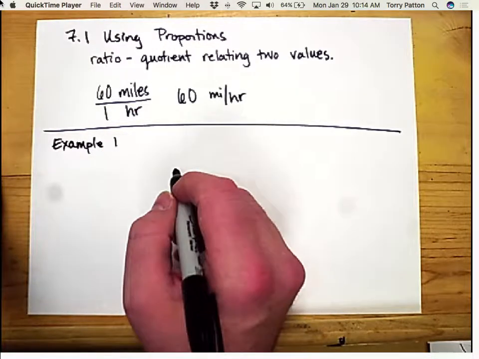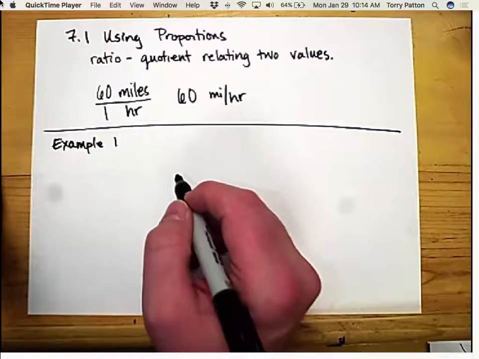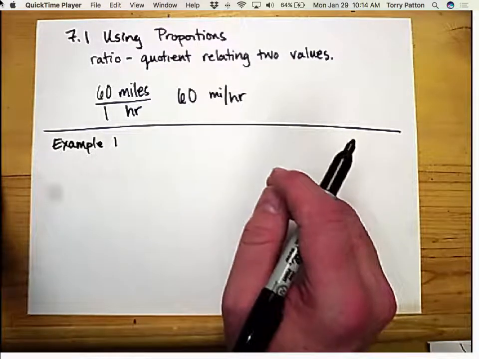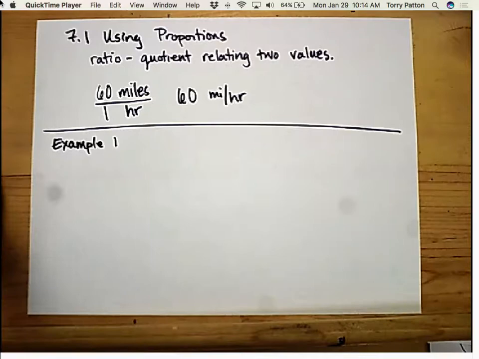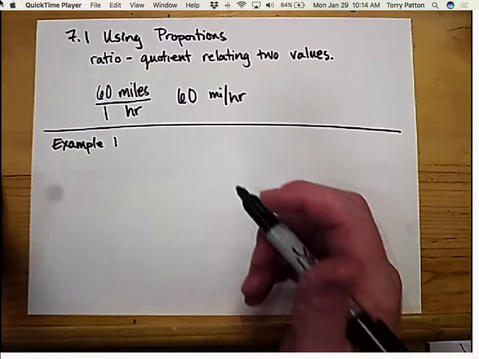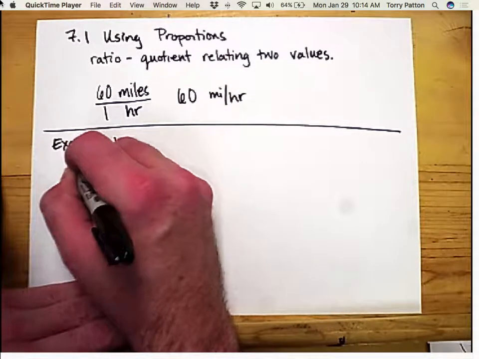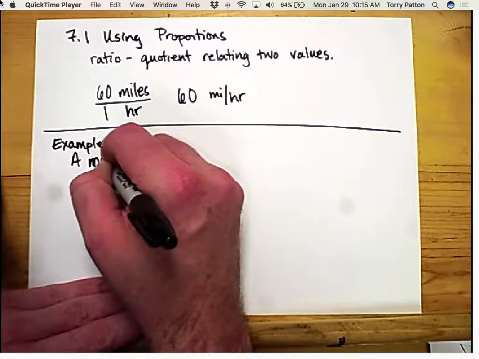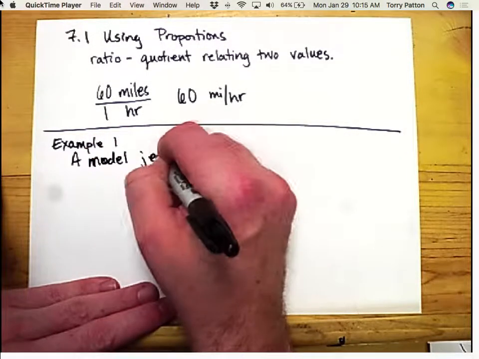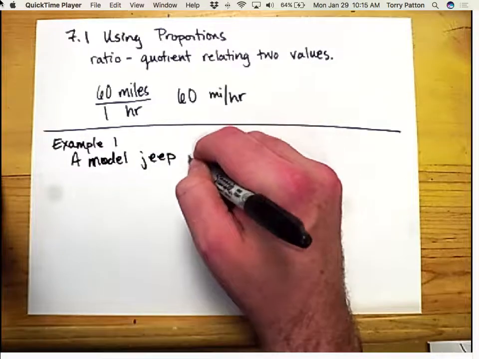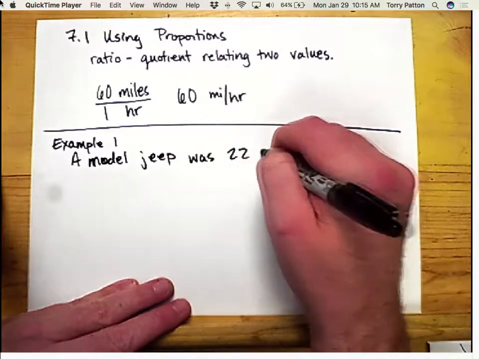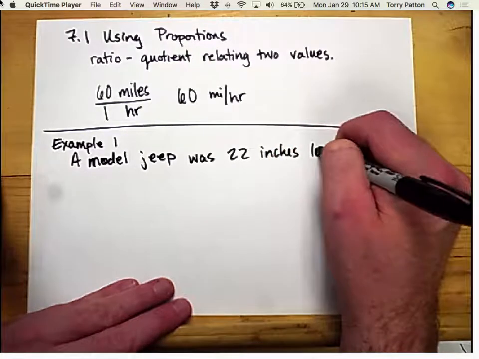So, number 1 says, special effects in movies are often created using miniature models to film. So they'll make small scale models and they'll film that, and on the screen it looks like the real thing. So, in a recent movie, a model Jeep was 22 inches long.